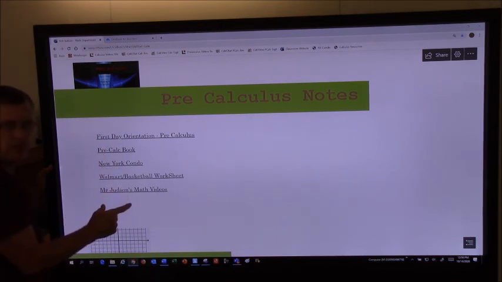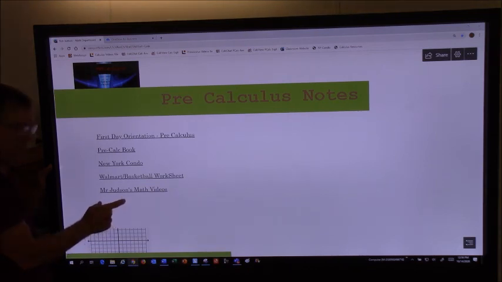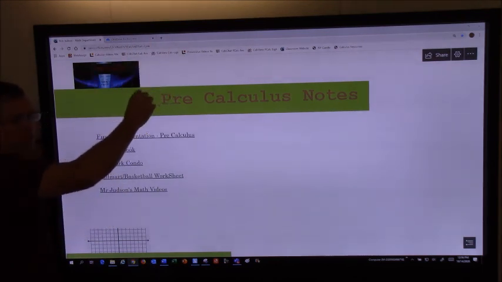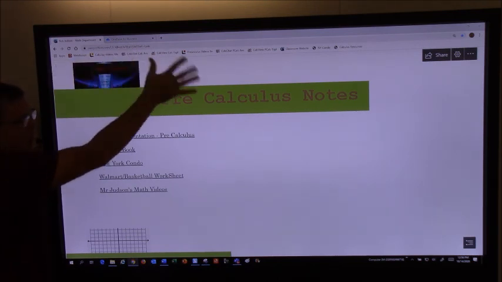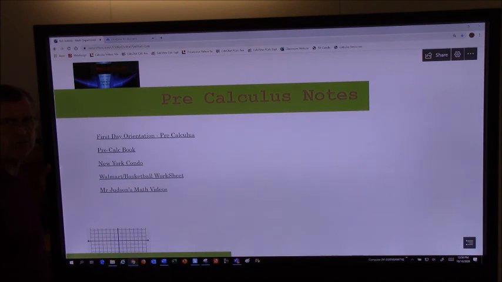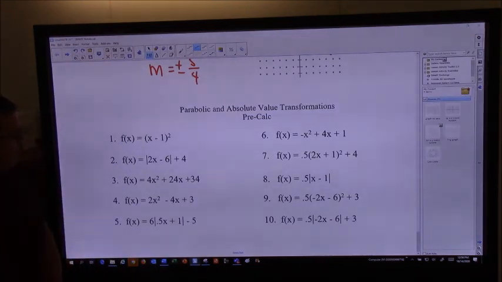I'll add a link here that says, here are our parabola and absolute value functions for graphing. So if it's hard to view it that way on the video, you can come here and just print it out as well. Okay? So there'll be an additional link here after you guys watch the video. All right, so that's it. You can take a picture with your cell phone or just get it off the classroom website.